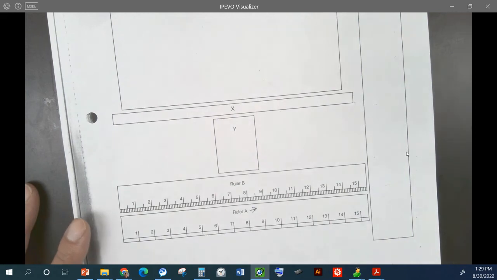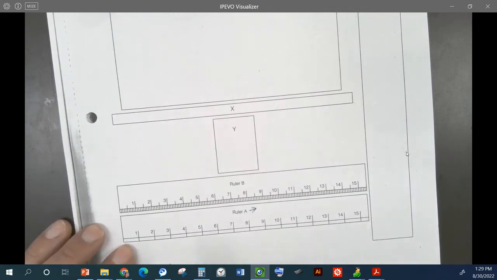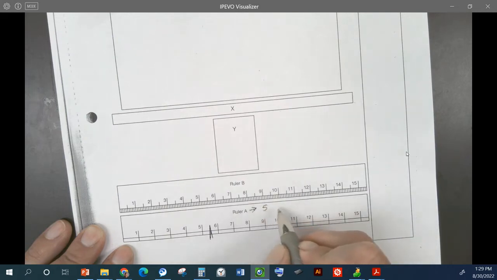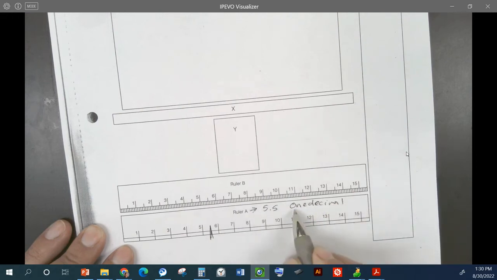We get 1 beyond what we have. So how many decimals? Oh, I see. Let's say my measurement is between 5 and 6. What will I estimate? 5.5. Okay, it'll be like 5.5, right? So I will get 1 decimal place. Okay, I get 1 decimal place with ruler A.